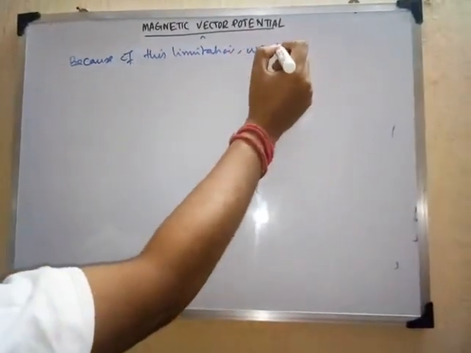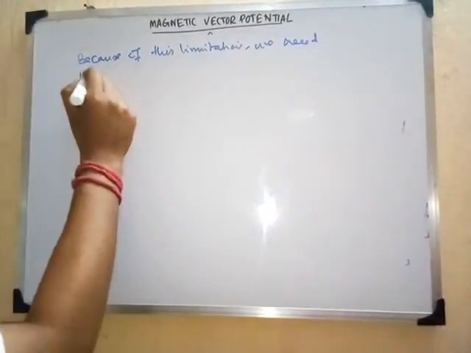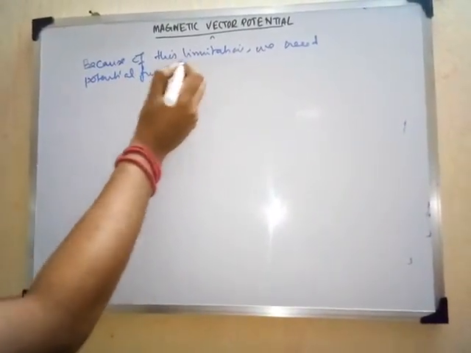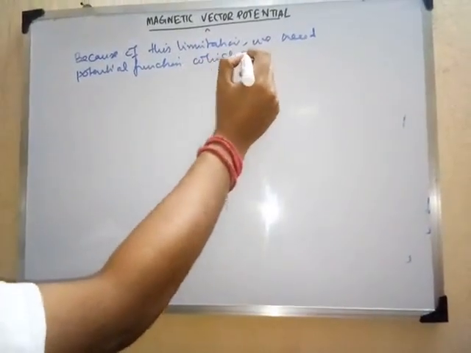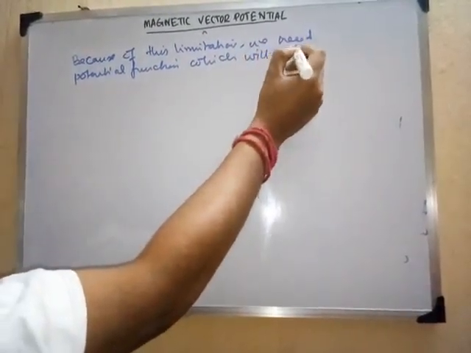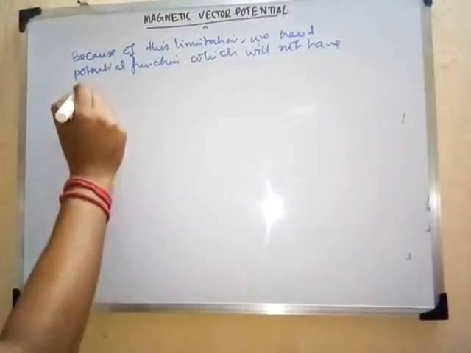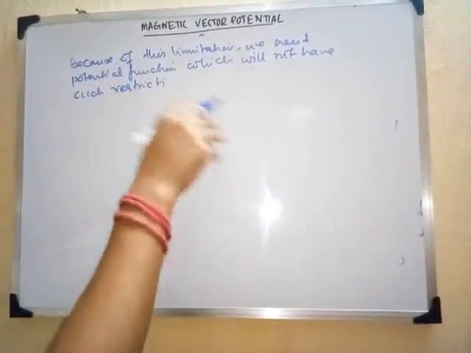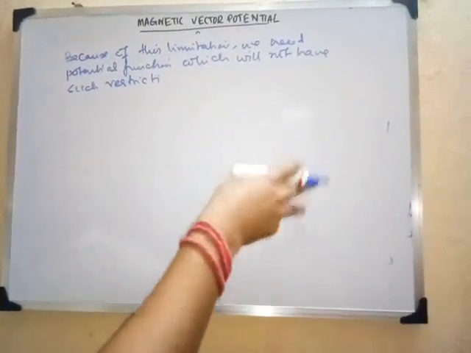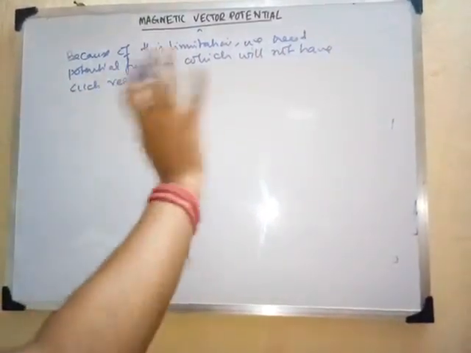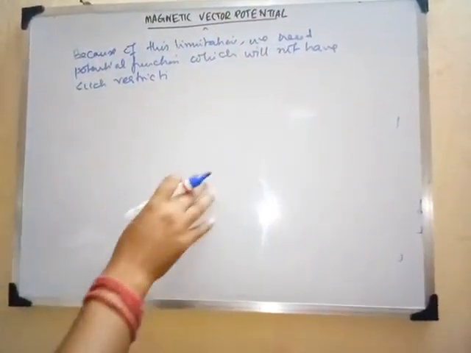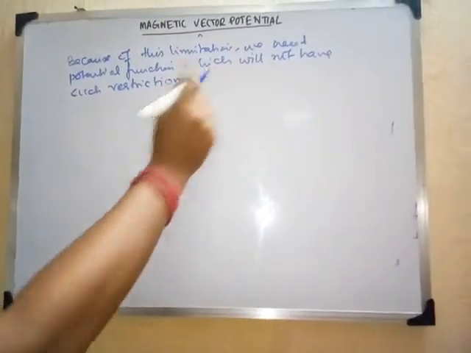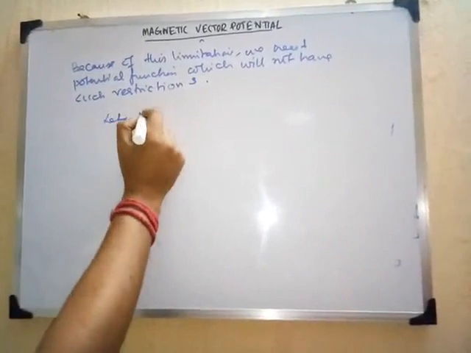Such restrictions here means previously our discussion was only confined to J equals to 0, but now we will not consider J equals to 0 only, we will consider J not equal to 0 also, right?